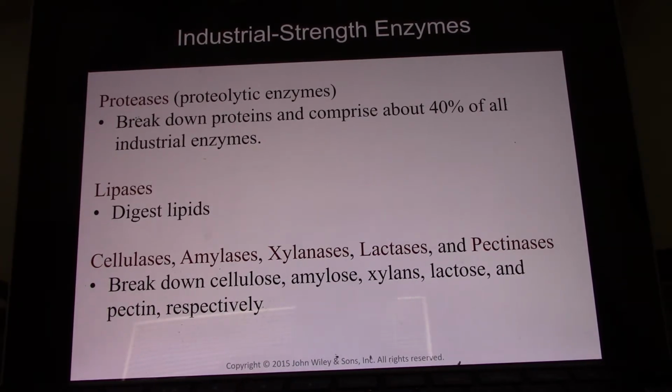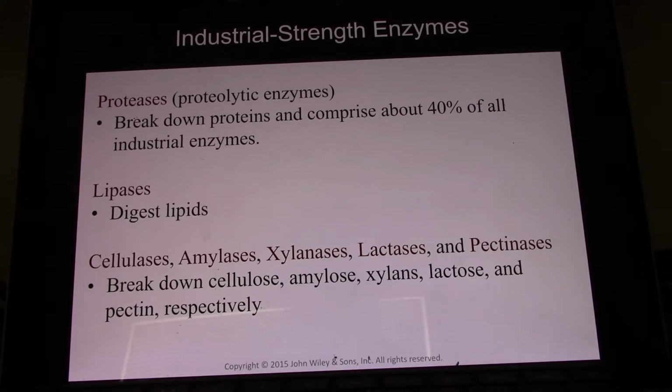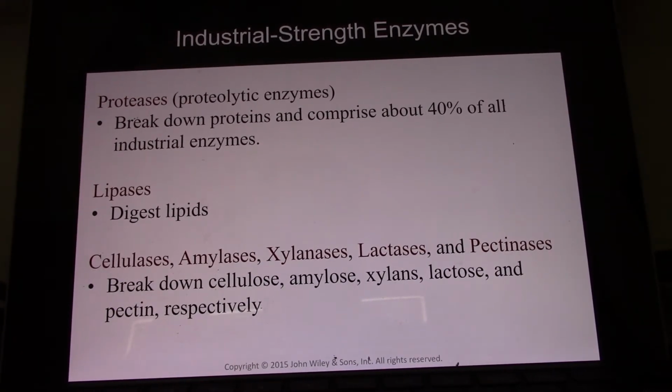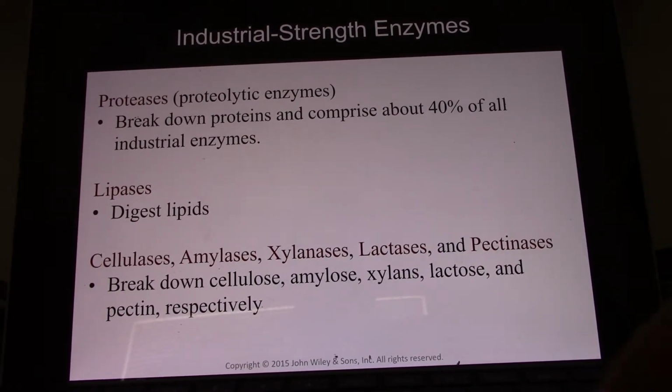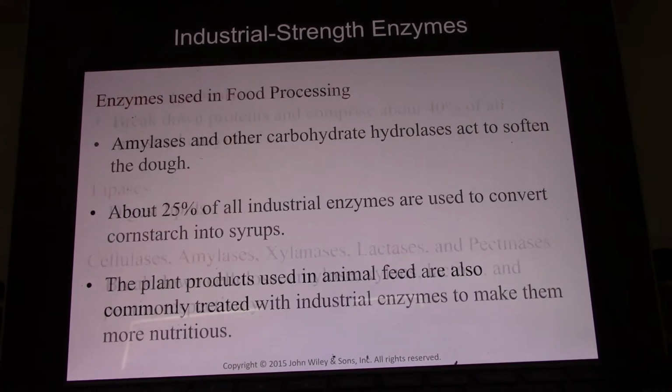And the cellulases, amylases, xylanases, lactases, and pectinases break down those molecules respectively. Cellulase is used in the juice industry. If you break down all the cellulose and you squeeze a fruit or a vegetable, you get a lot more juice out of it. You can break down lactose to have lactose-free milk. Well, we break down pectin in plants for a lot of different products.